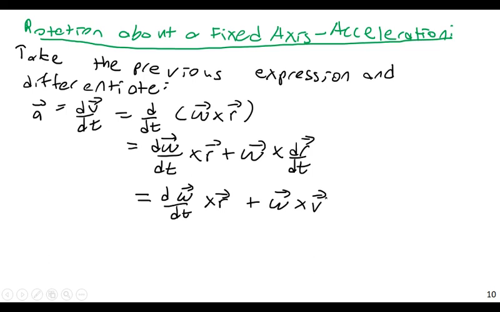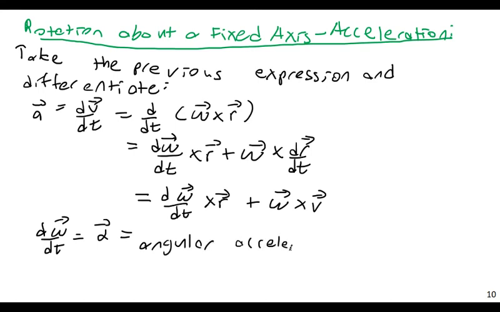All right. Now, I want to define what d omega/dt is. I want you to define a new quantity, and again, this should seem familiar from earlier physics classes. d omega/dt is going to be equal to alpha, which is angular acceleration. And this is equal to alpha k.